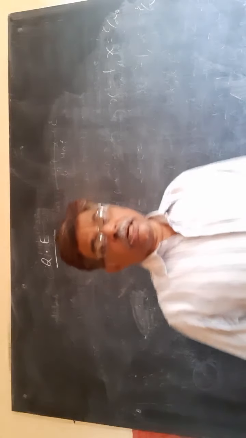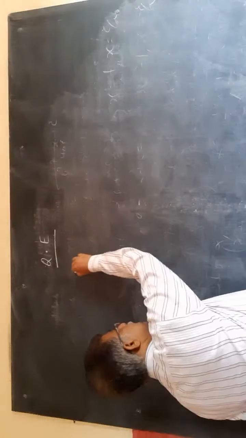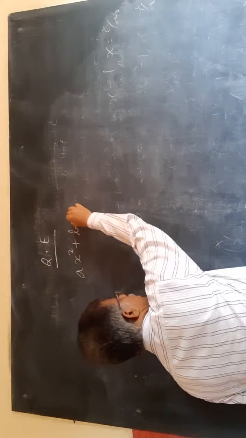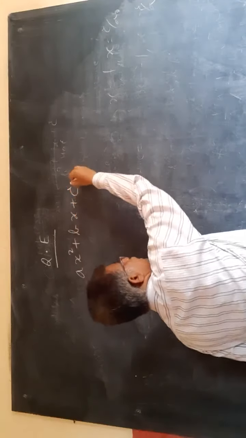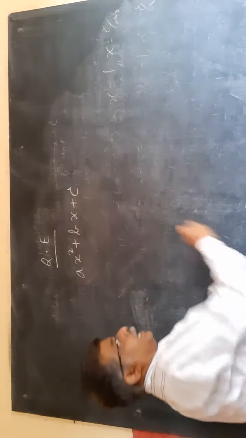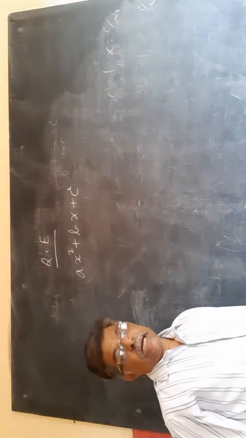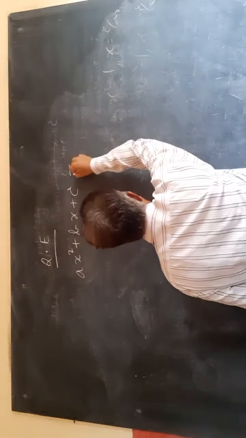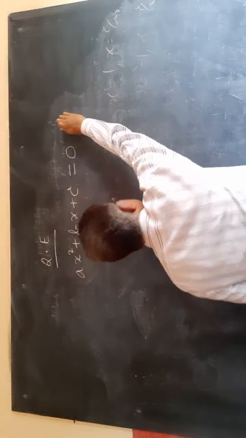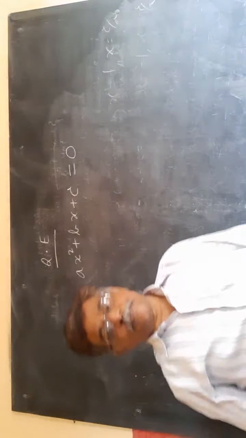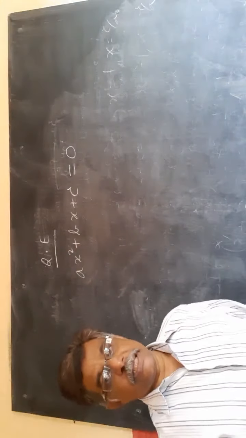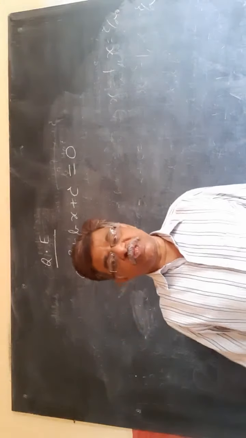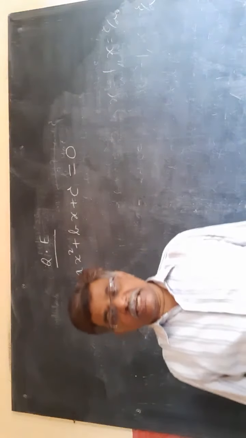What you learned in 10th class is a polynomial of degree 2. A polynomial of degree 2, ax square plus bx plus c, is called a quadratic expression, and ax square plus bx plus c equal to 0 is called a quadratic equation.